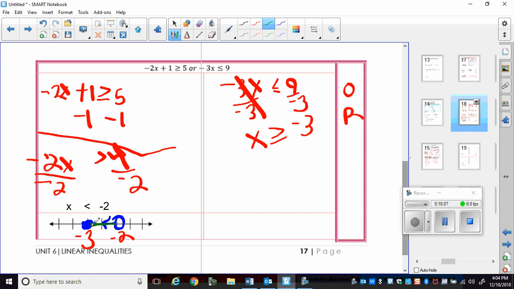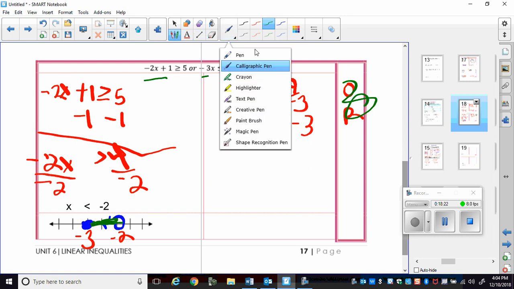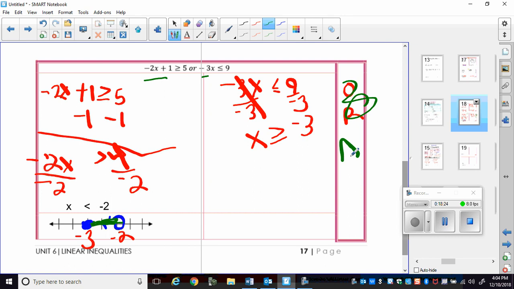It started off as an or statement, but because of these two negatives, we actually have an and statement. So, correction: this is an and statement. Alright?